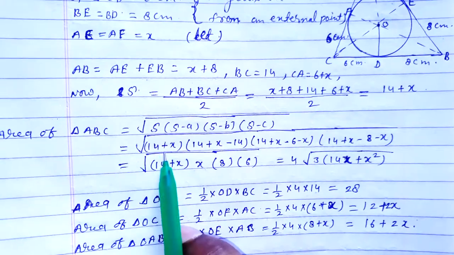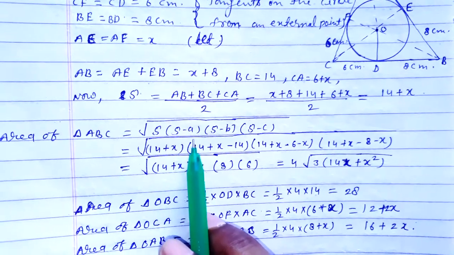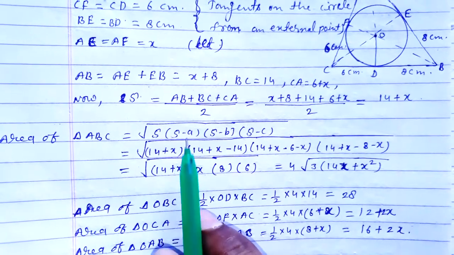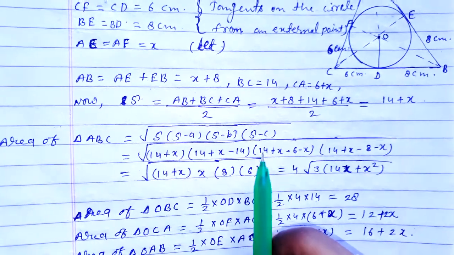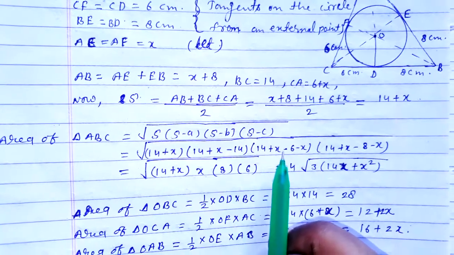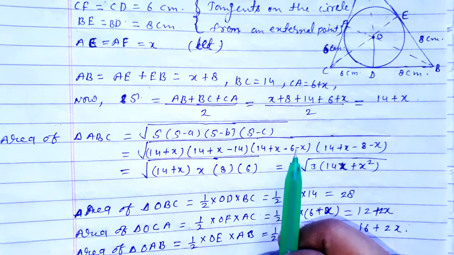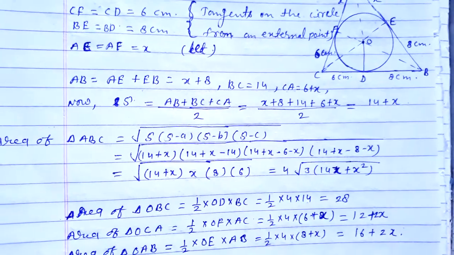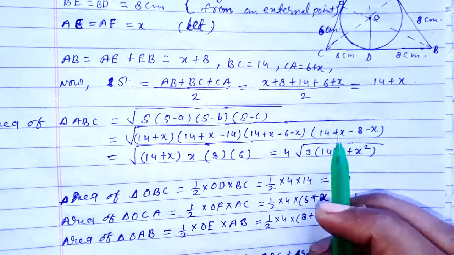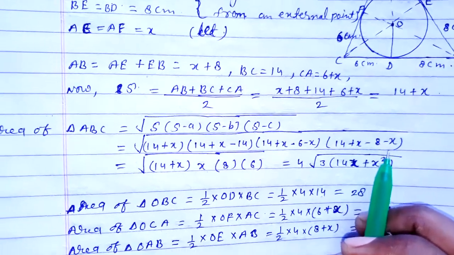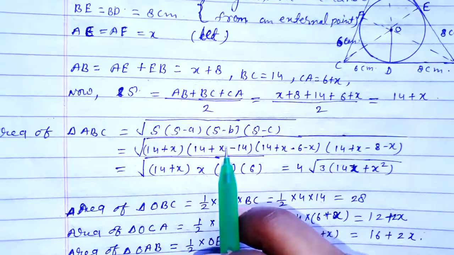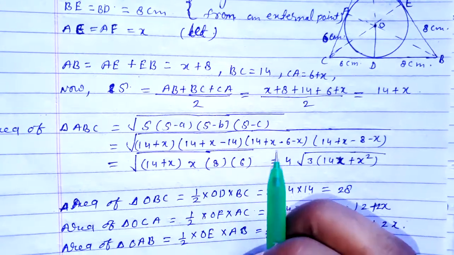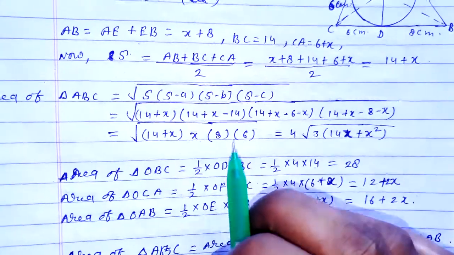Put s as 14 plus x, and a is 14, so 14 plus x minus 14 is x; then 14 plus x minus 6 minus x is 8, and 14 plus x minus 8 minus x is 6.